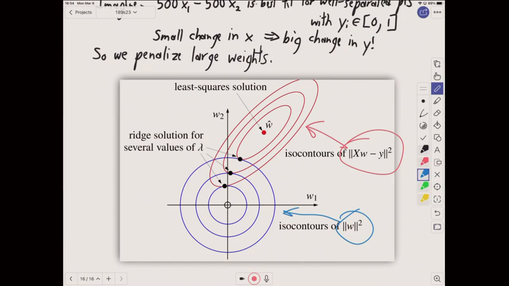So the first ones are ellipses, and they're centered at the actual solution of the least squares linear equation with no regularization. So this point here, that is the standard least squares solution as we taught it 3 lectures ago. The isocontours of W squared are circles all centered at the origin. It's W squared, that's it.